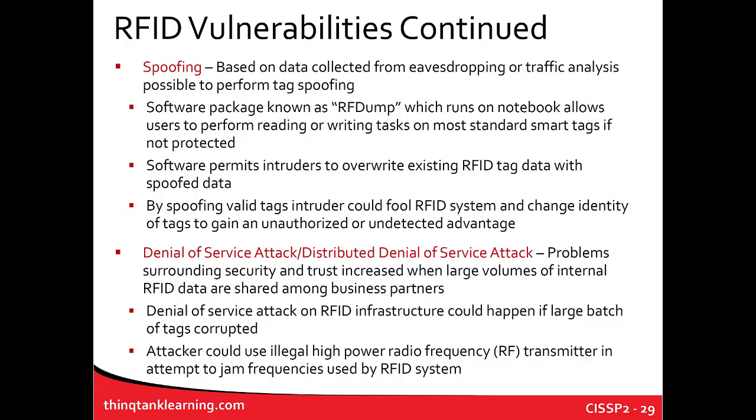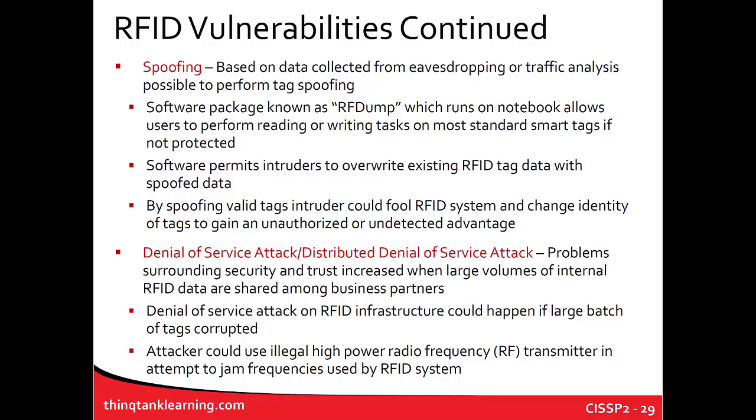Spoofing. Based on data collected from eavesdropping or traffic analysis, it is possible to perform tag spoofing. Packages like RFDump run on a notebook, a laptop, which allows users to perform reading or writing tasks on most standard smart tags if they're not protected.